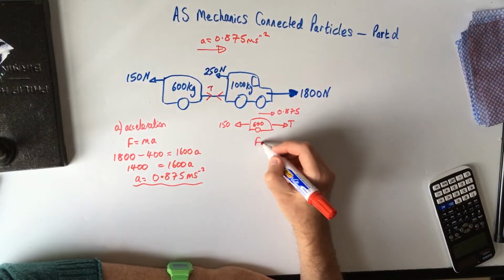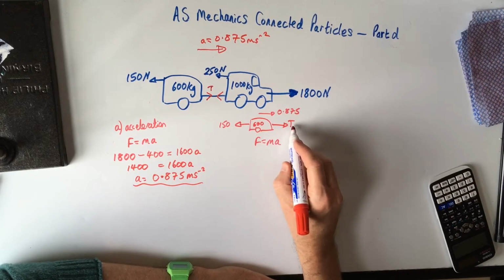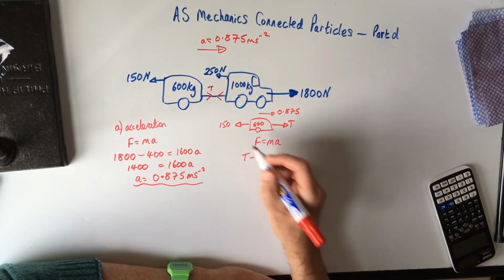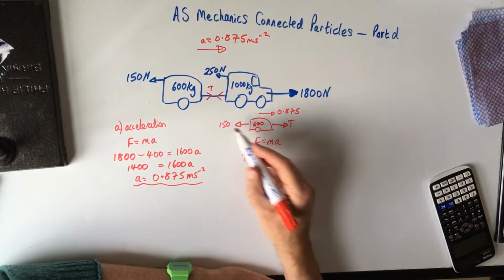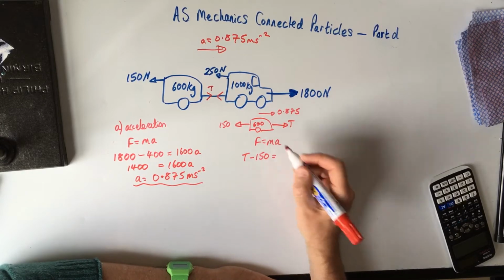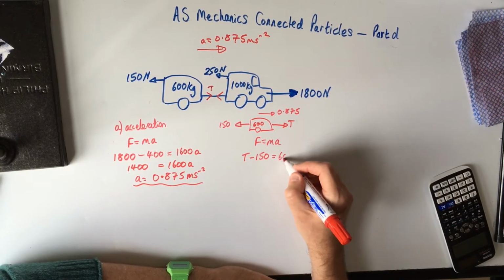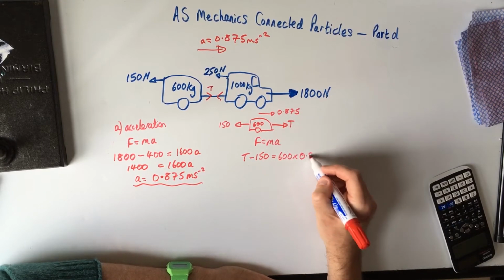So applying F equals ma to our trailer, the net force pulling it is the tension minus the resistant forces. So that's the pulling force, and that's more than this, isn't it? So that take away that is the overall force that's pulling our trailer. So we've got 600 times the acceleration, which is 0.875.